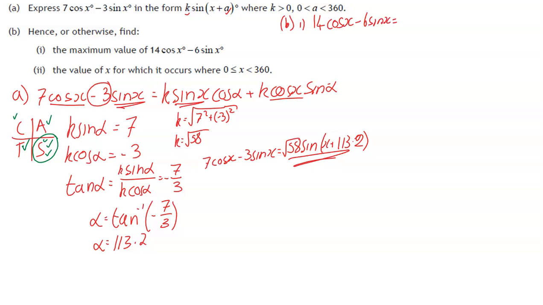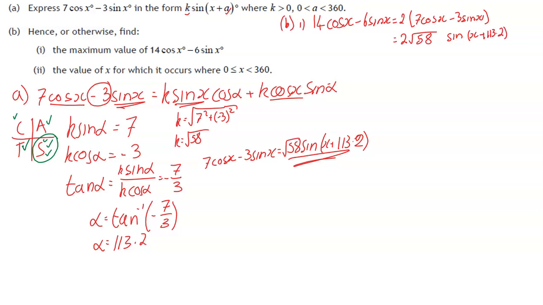Now what you'll notice is if I take out a common factor of 2, that's 2 times 7 cos x minus 3 sine x, which was the original function, but I now know that is root 58 sine of x plus 113.2. So it's then the equivalent of 2 times root 58 times sine of x plus 113.2.